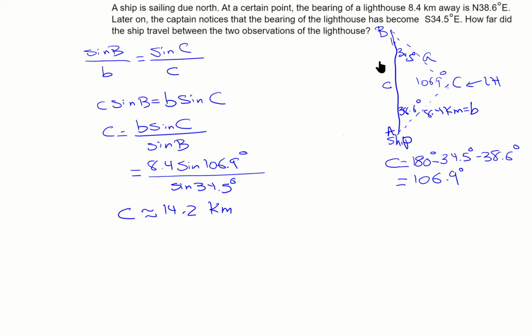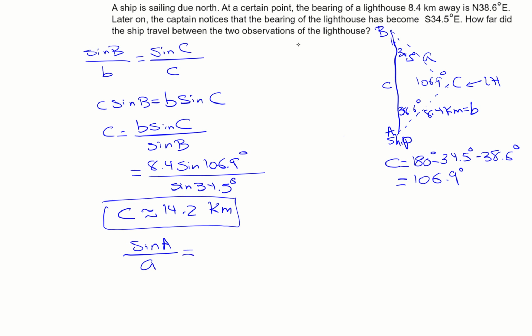So sometimes they may also ask you, okay, how far away is it from the lighthouse now? So in that case, you can just go ahead and apply the law of sines again. So this time, we'll go ahead and use sine A over a, because a is what we're going to be finding now. We're done with the question asked, but in case they ask you a follow-up question and say, okay, how far is it from the lighthouse now at the time of the second observation, you can just do this.